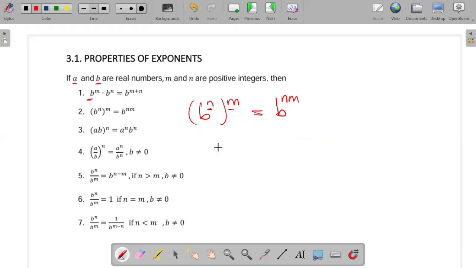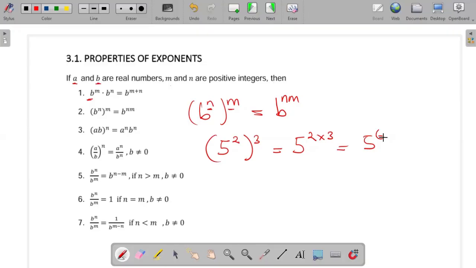Again, let's take an example. Let's say we have 5 raised to the power 2 like this, and I have a 3 there. So what this means is I should keep the base 5 and multiply the exponents. So I'll have 2 multiplied by 3, and 2 multiplied by 3 just gives me 6.